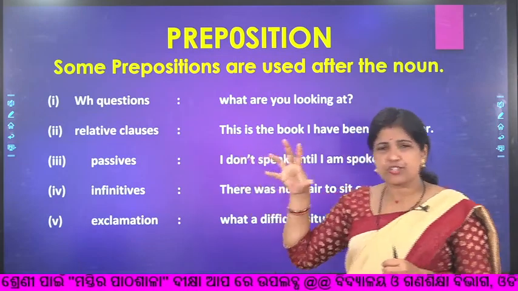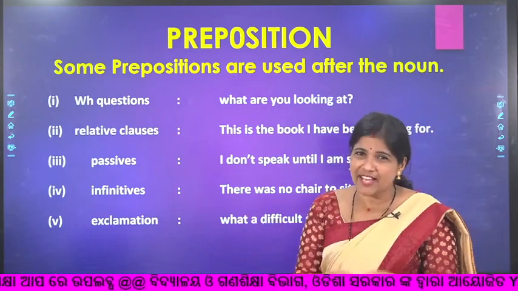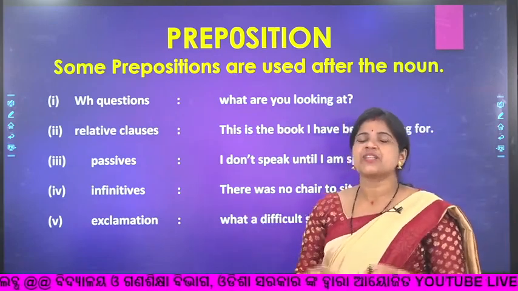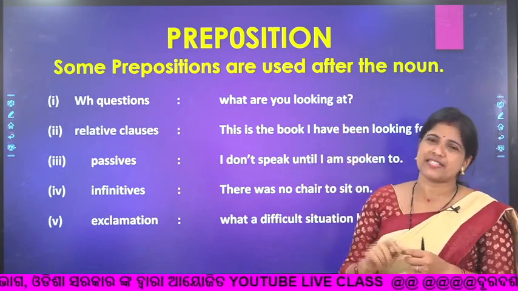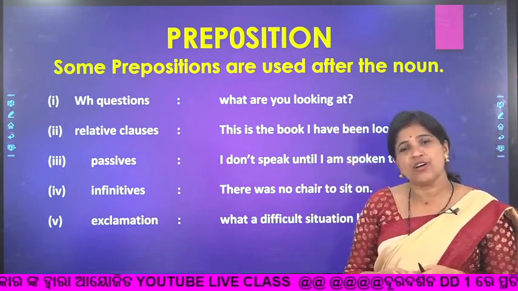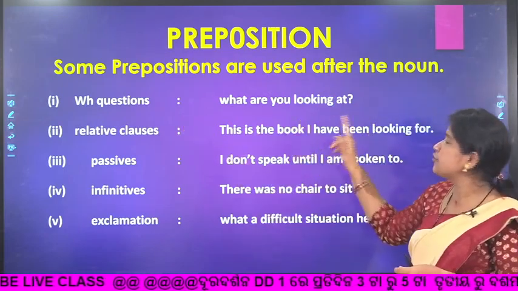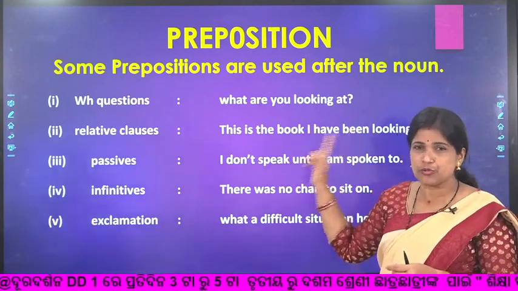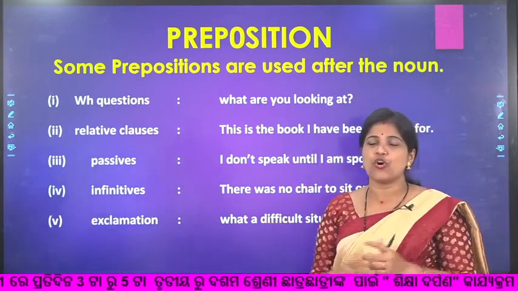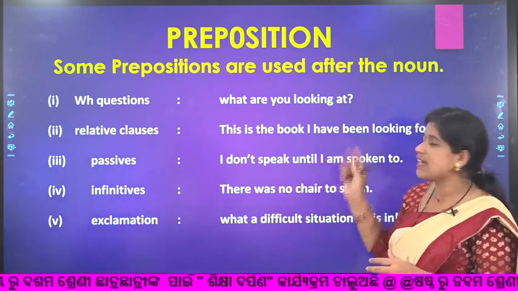Next comes, there are some prepositions that deviate from the rule that we discussed right now. What does it say? It is used at the end of a sentence. So when, how and where? When we have WH questions, what are you looking at? Here you can see at is the preposition that is used at the end, and there is no other word that we can use after at.